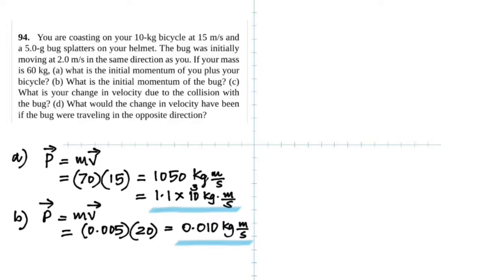Now for the C part, you have to apply the principle of conservation of momentum, which is the total momentum before collision is equal to the total momentum after collision.